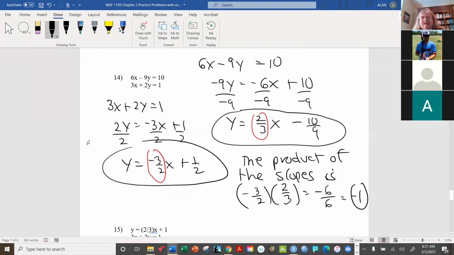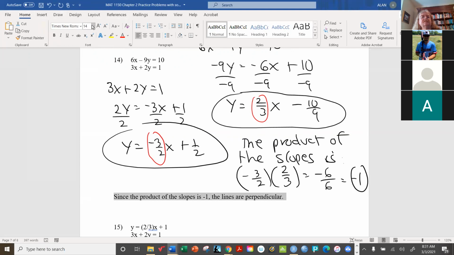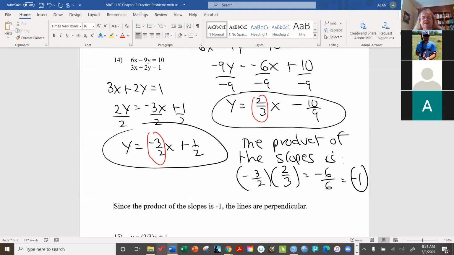And we have a winner. So in this case, we conclude that since the product of the slopes is -1, the lines are perpendicular. Nice. And then there's one more.